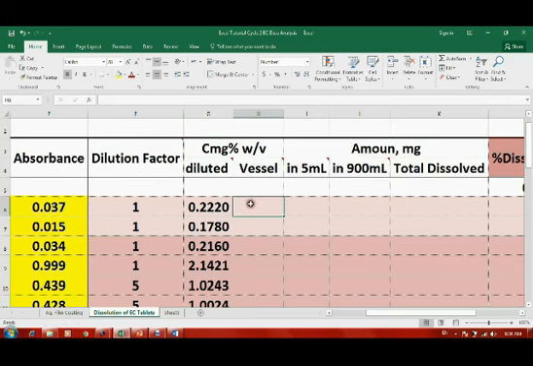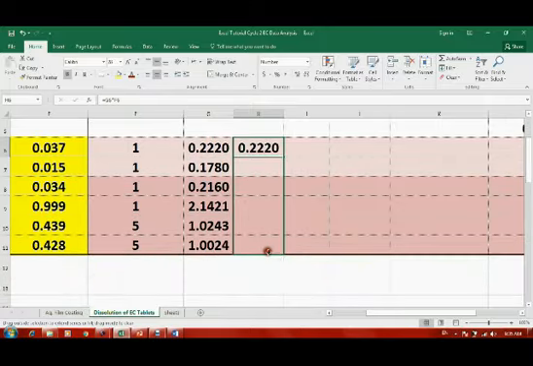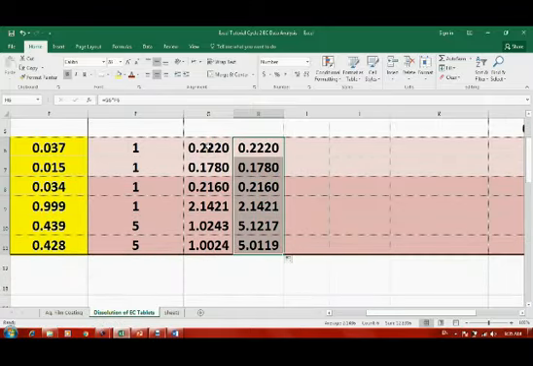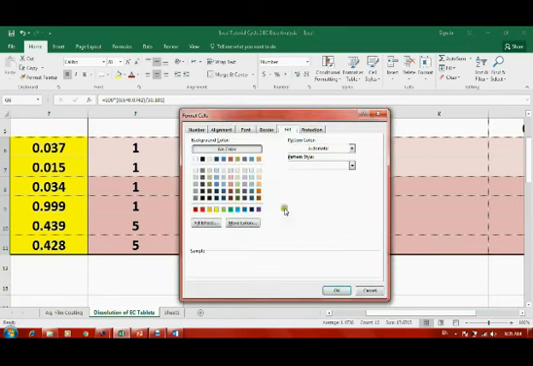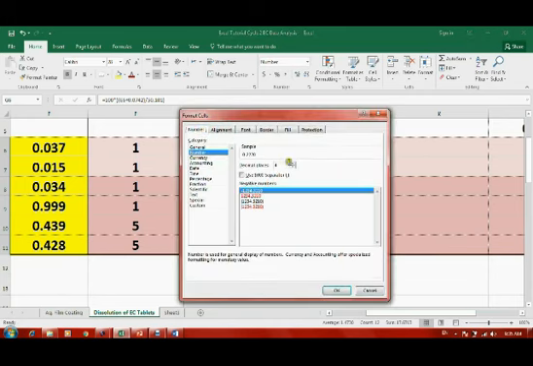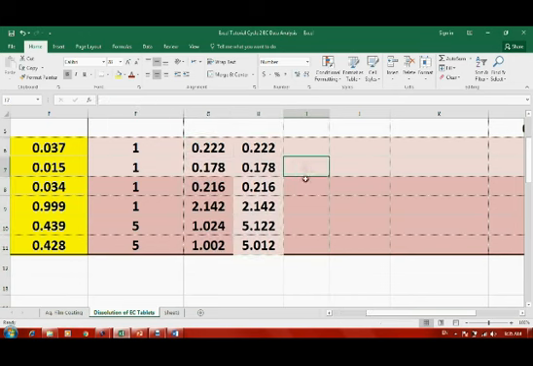Remember, if you did dilute your sample, please multiply the diluted concentration by the dilution factor. Here is the vessel concentration, or the sample concentration before dilution, the undiluted concentration, which is equal to the concentration times the dilution factor.